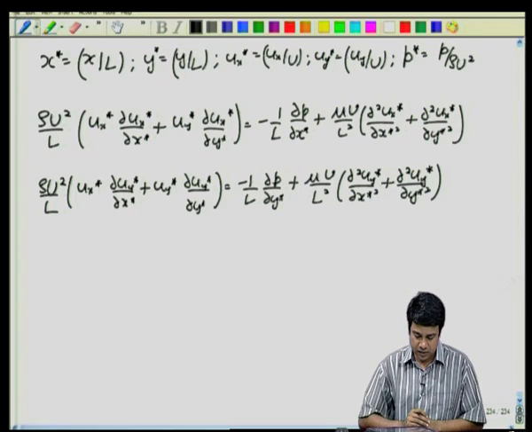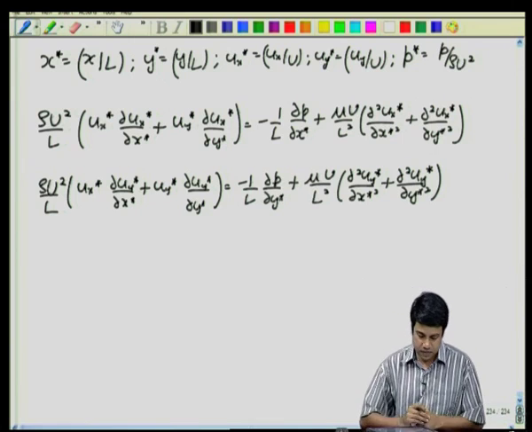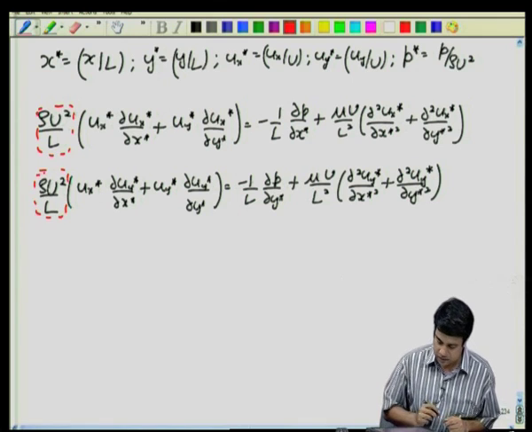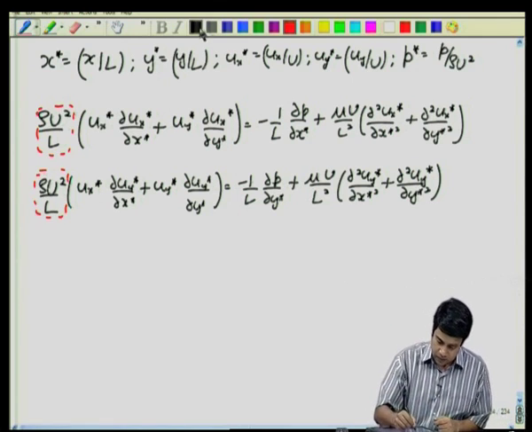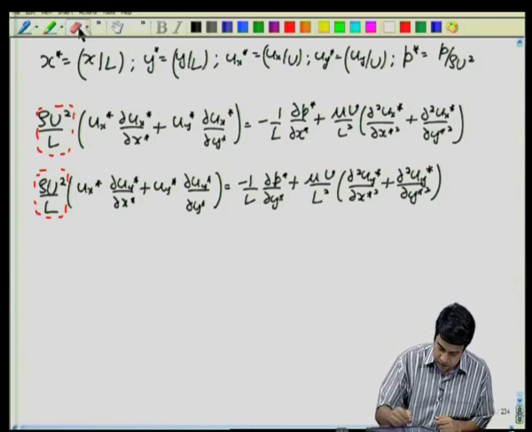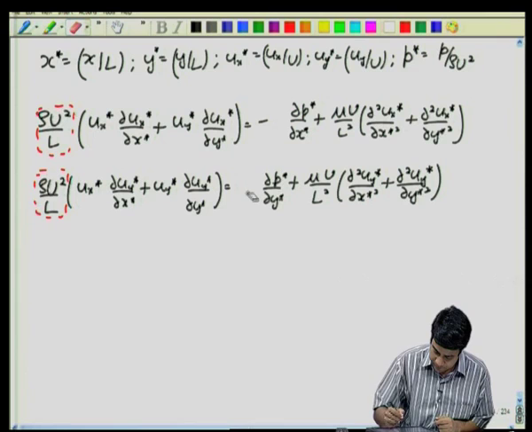Once you have done that, you can divide throughout by this prefactor, rho U square by L, on both sides of the equation. When expressed in terms of P star, this length scale will disappear.